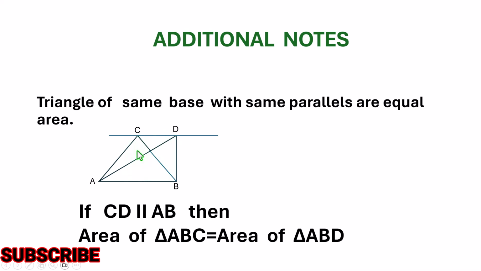The height of both triangles is equal and the base is the same. So the area of triangle ABC is equal to the area of triangle ABD. So triangles on the same base and between the same parallels have equal area. Here AB is the same base of triangles ABC and ABD, so these two triangles have equal areas.